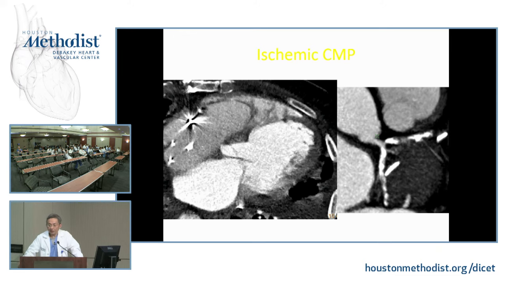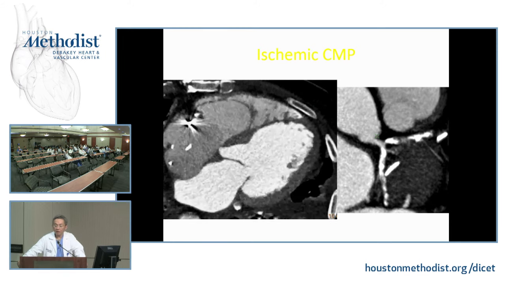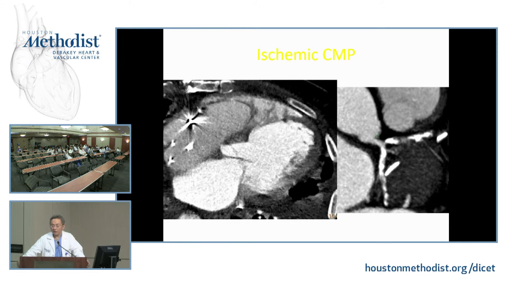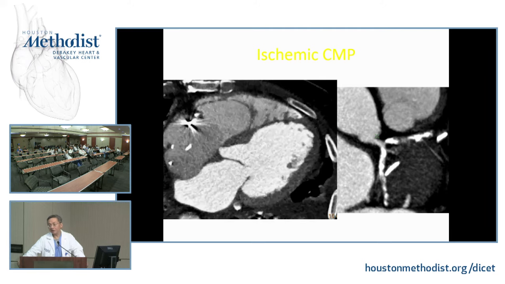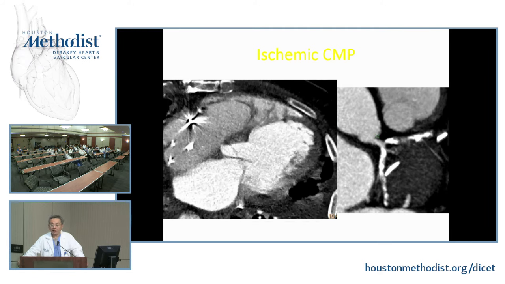You mean from the non-contrast scan? You got it. Yeah. I think when we started doing coronary CTA, we used to also do a calcium score as well. But now almost nobody does a calcium score anymore, mostly because of the additional radiation.